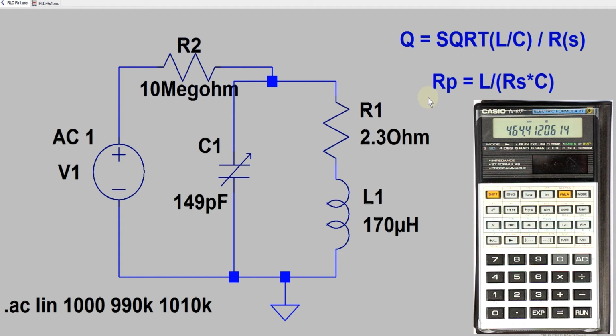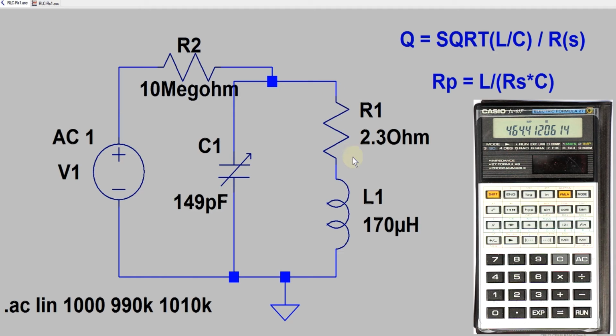Now there's one very important concept. We can transfer this circuit with a series loss resistance into an equivalent circuit with a parallel loss resistance, and that's what the P stands for. The S stands for series loss resistance, and the P stands for parallel loss resistance.